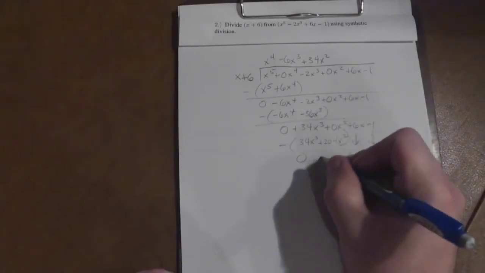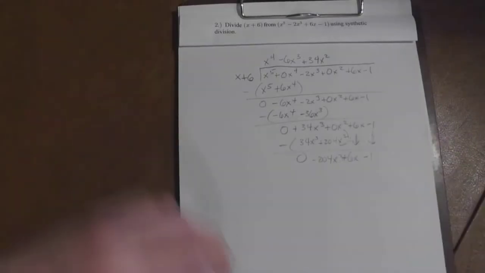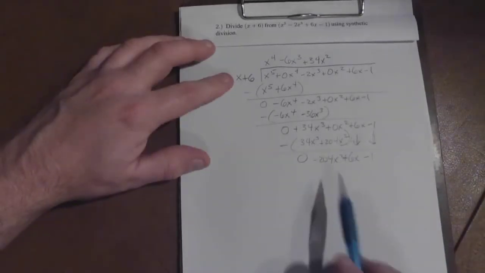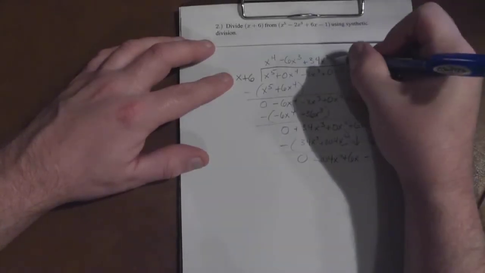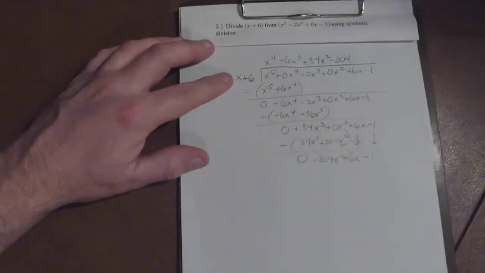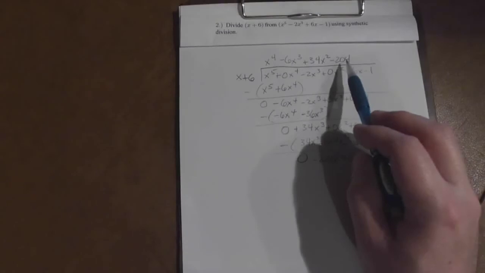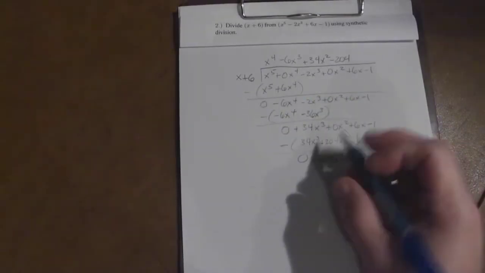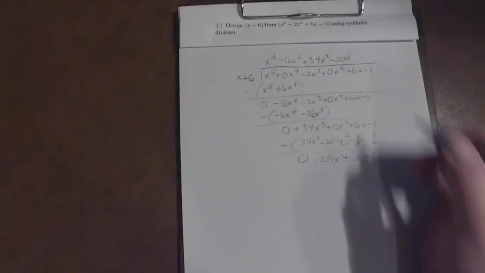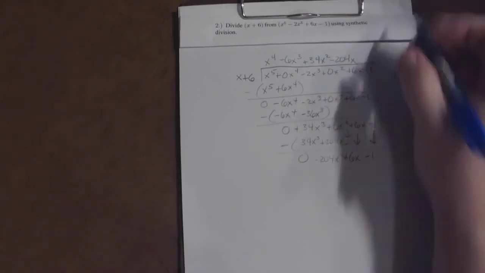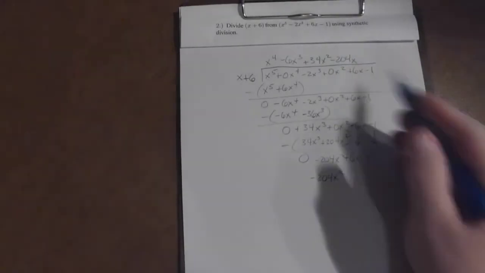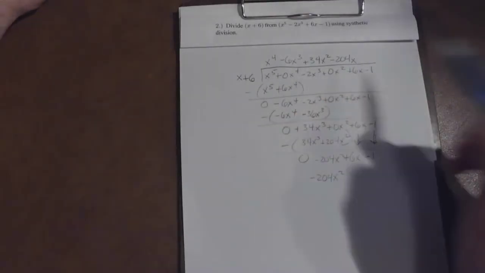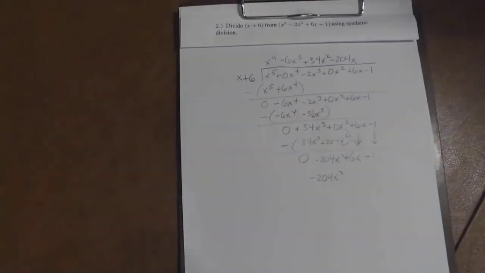We do end up with 0. And then 0 minus 204 is negative 204x squared. And we say, okay, what times x gives us negative 204x squared? That would be minus 204. If we go negative 204 times x, careful there, negative 204x, that produces negative 204x squared. Negative 204 times 6.